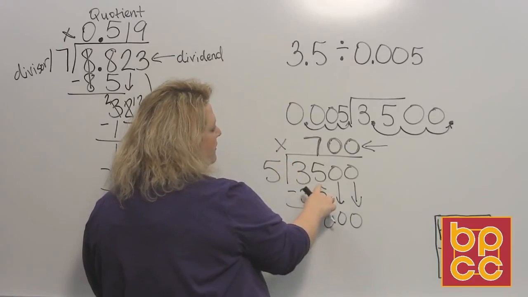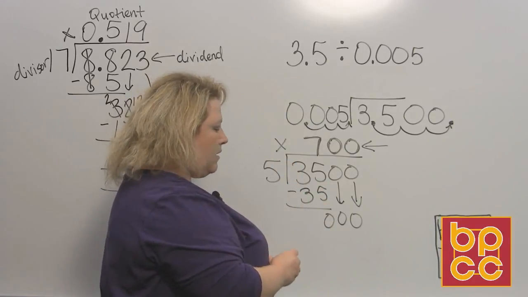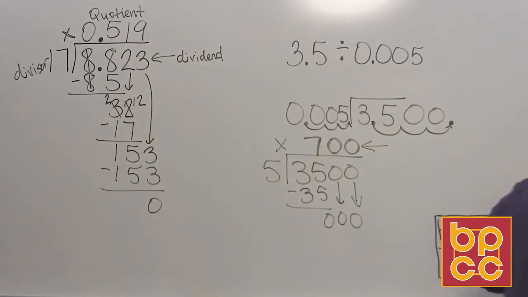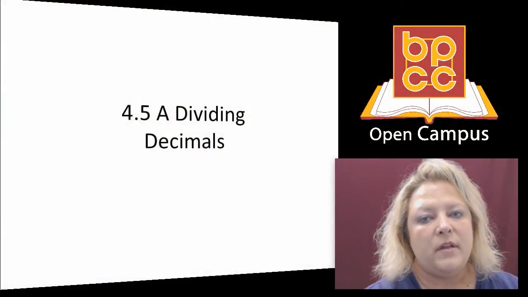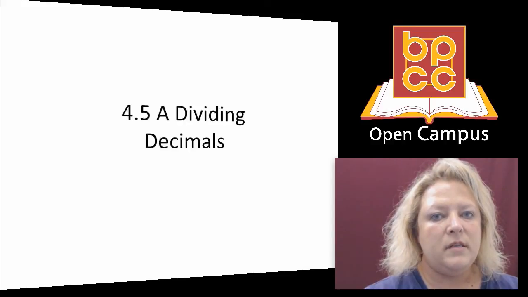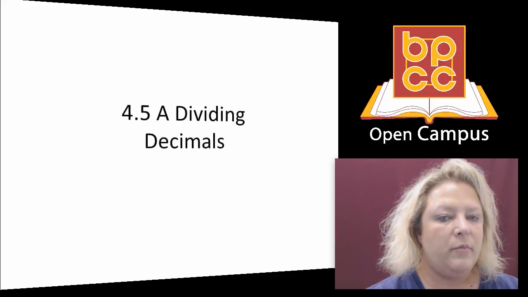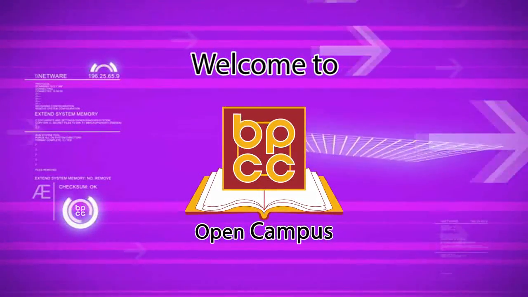And that would give you 3,500, which is exactly what I wanted it to be. All right? Now, those are the 2 different types of problems that we did with dividing decimals. And when we come back, we're going to do a little bit more with our decimals.